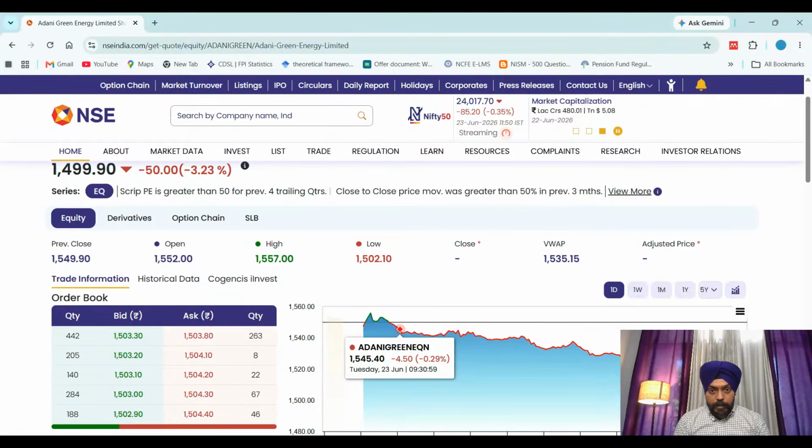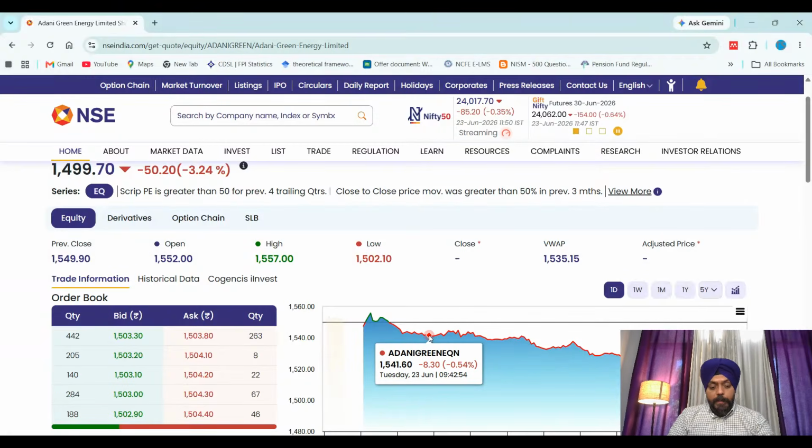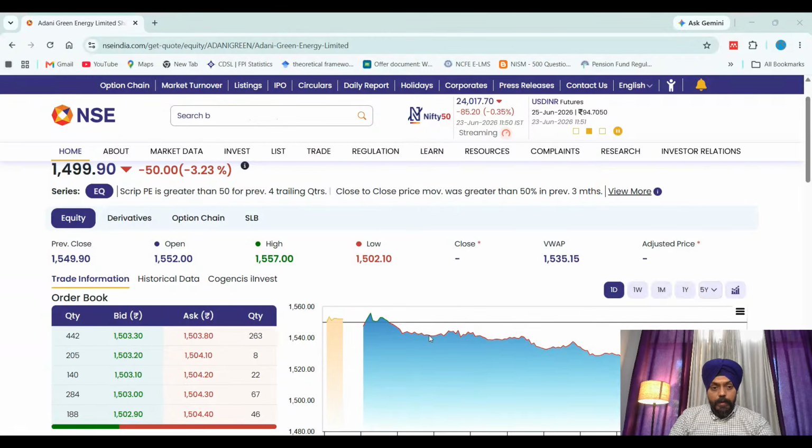So for Adani Green, you can see that the markets are down now by 85 points. The Adani Green 9:30 AM price is 1545, and the LTP right now is 1499. Now I will generate the support and resistance levels for both these stocks, and after that we will update our dashboard.